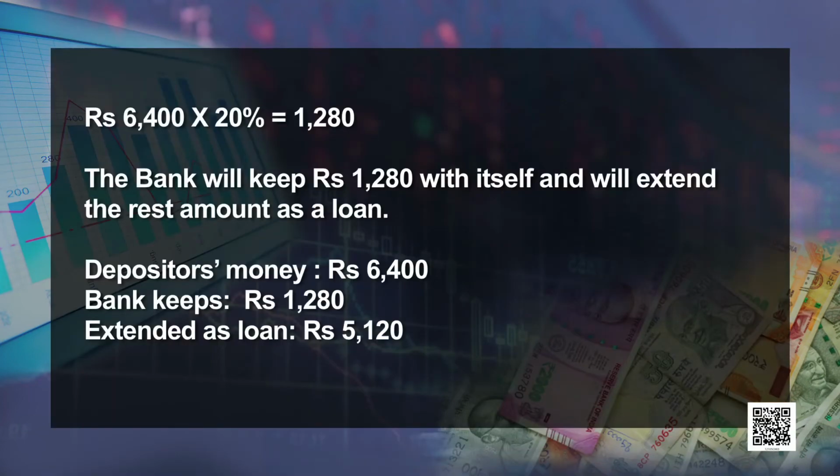So 6,400 multiplied by 20% gives us 1,280 rupees. The bank will extend a loan of 5,120 rupees. So this cycle would go on until infinity, until the credit creation becomes around 50,000 rupees.